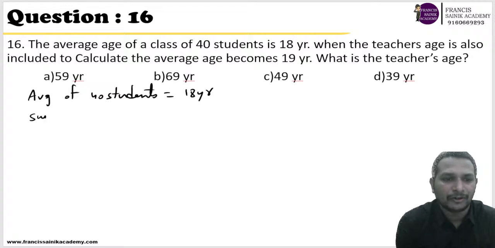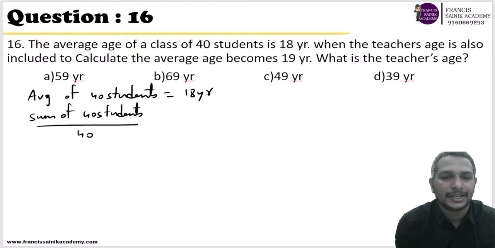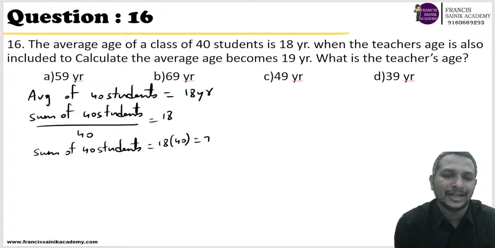So sum of 40 students by 40 equals 18. Sum of 40 students is how much? 18 into 40 is 720.